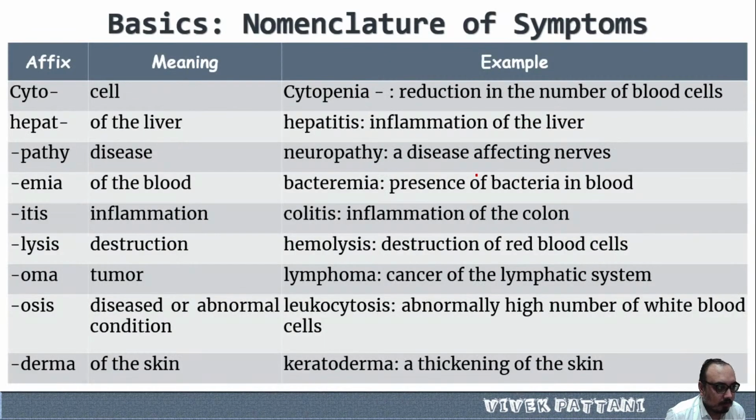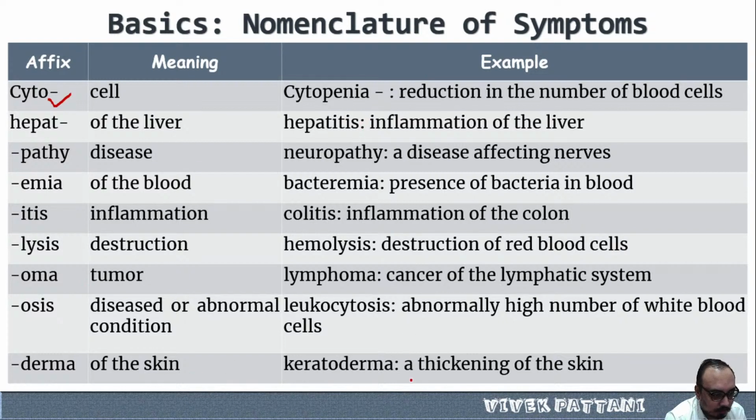Now what is the nomenclature of the symptoms? How do we divide the different types of symptoms? I have given some common examples. Starting with the first one, the affix cyto. These are the affixes used, and the meaning and an example are given here.